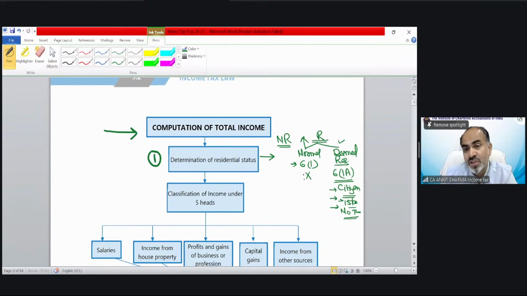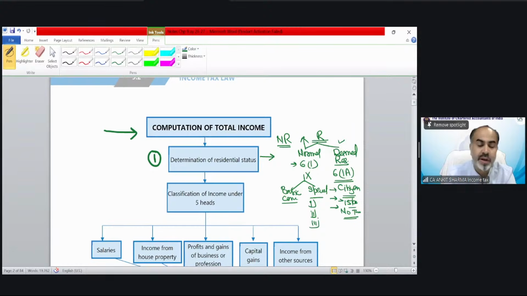Even under section 6(1), there are basic conditions, or we can say the basic case, in which you need to calculate the 182 days condition and the 60 days plus 365 days condition. And there are special cases also. There are 3 special cases.